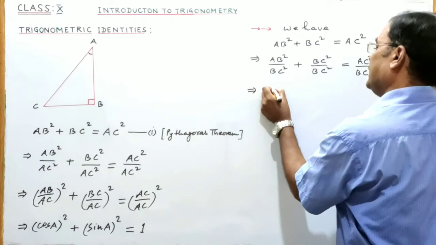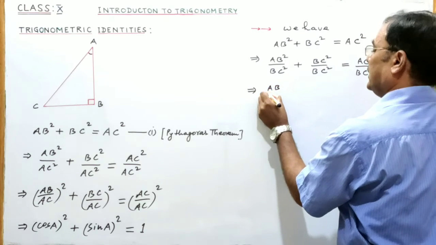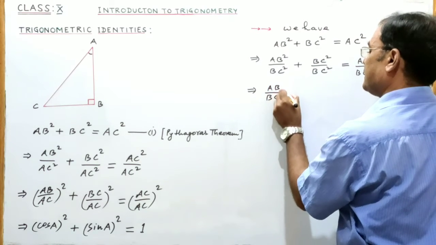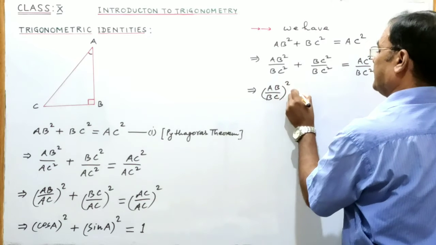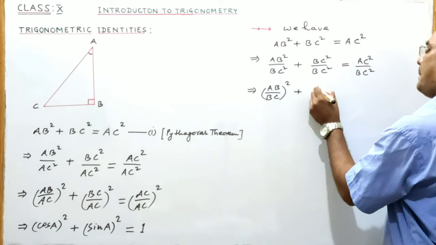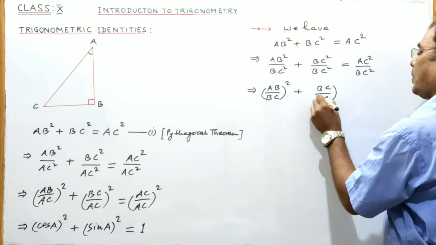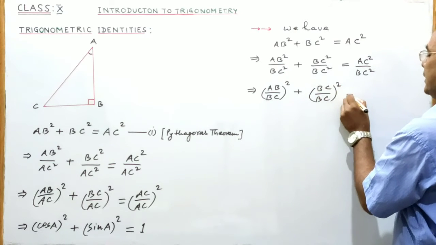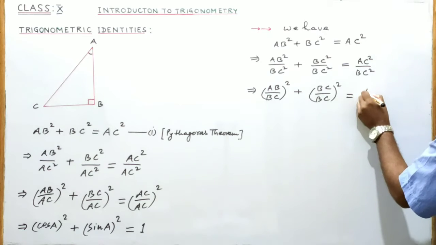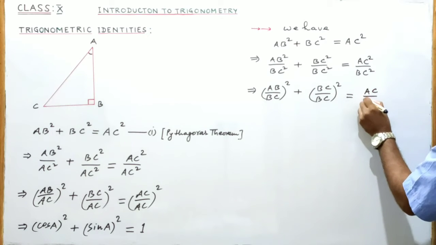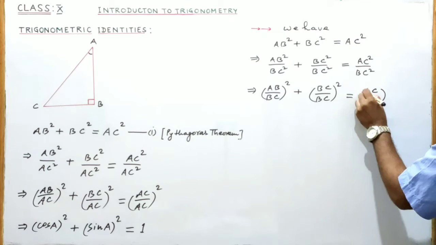And this implies (AB by BC) whole square plus (BC by BC) whole square equal to (AC by BC) whole square.